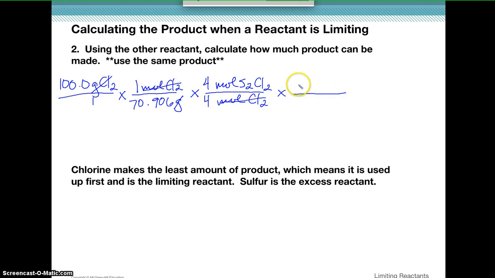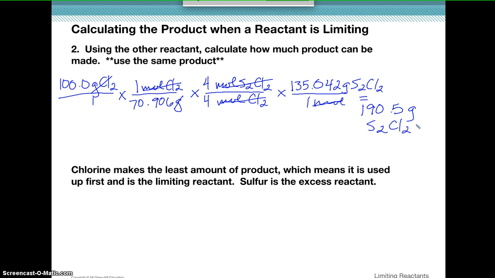And then our mass of our product, again, 135.042 grams of S2Cl2 over 1 mole. So our moles cancel. Okay, so here we get 190.5 grams of S2Cl2.